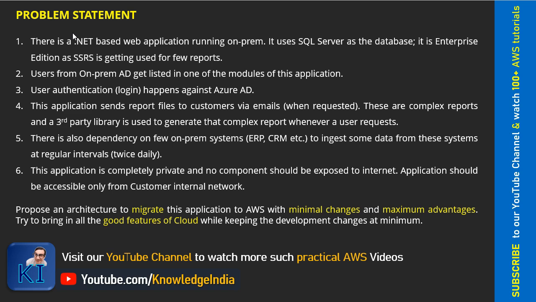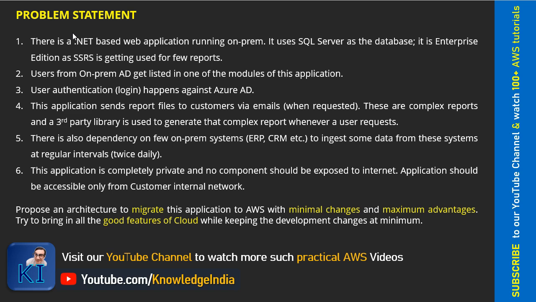So the customer is okay to do some amount of changes. They are requesting the architect to propose a solution which will be a balanced approach between taking all the right advantages, qualities or features from the cloud, but at the same time not changing a lot in the existing application.